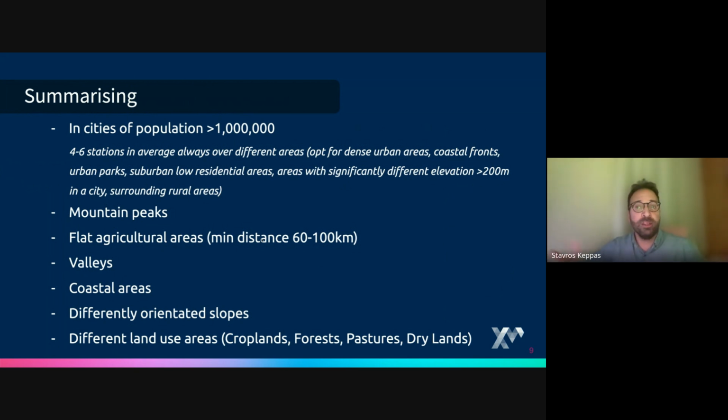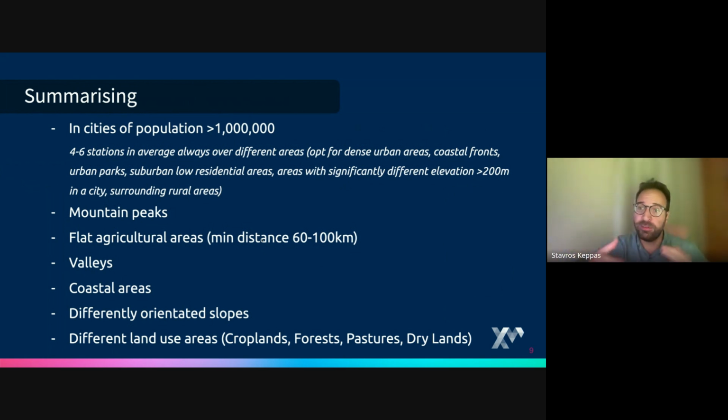Let's say that we have some hundreds of stations available to cover a country. Then what I would do would be to find the cities with a population larger than 1 million people and try to deploy 4 to 6 stations on average, of course, always over different areas of these cities.